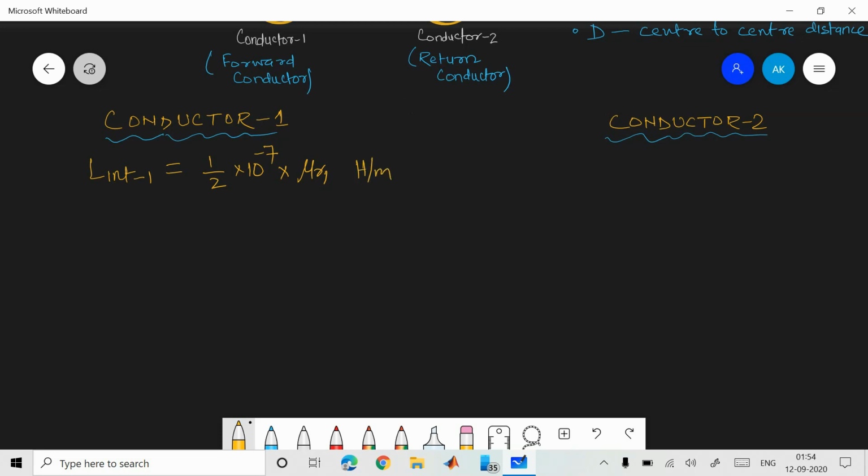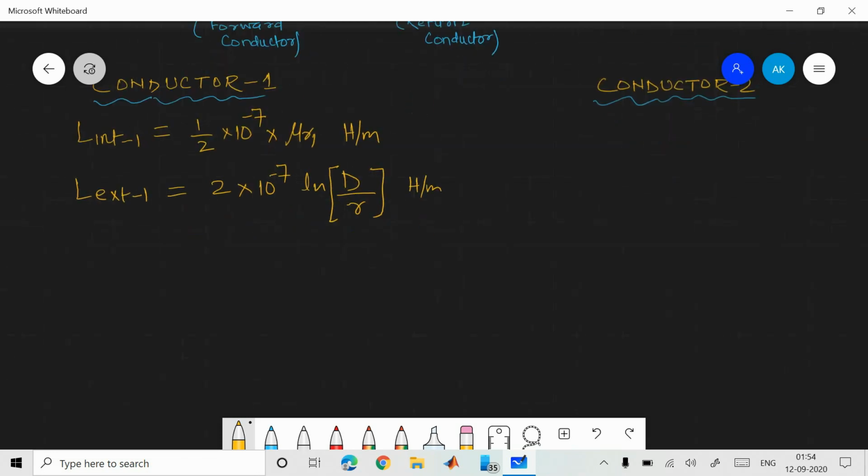What will be L external? L external of conductor 1, we derived in our previous video. It is 2 into 10 raised to power minus 7 ln d by r, also in Henry per meter.